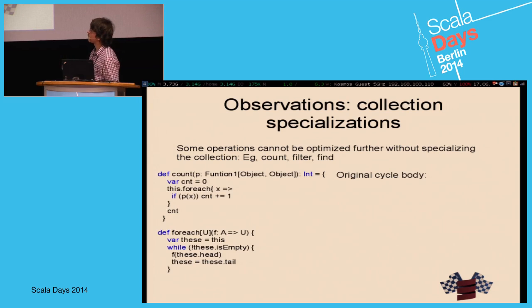genericity. So let me illustrate it in a similar way to the earlier comparison with Java collections. Let's have a look at the count example. We're currently looking at how count is implemented for lists. The count function, given a predicate that tests every element, returns how many elements fulfill this predicate.